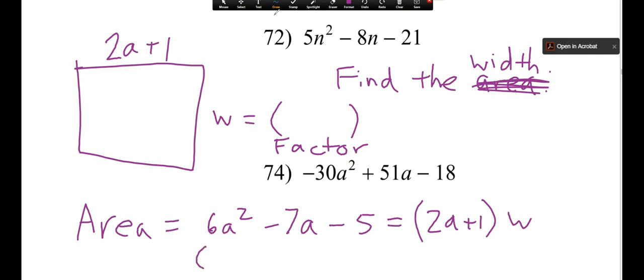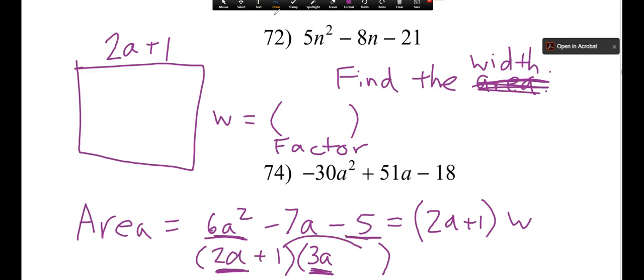In other words, you and I have been doing factoring. And if I gave you one of the factors, could you come up with the other factor? For instance, what multiplies 2a times what to give me 6a squared? 3. 1 times what gives me negative 5? Negative 5.